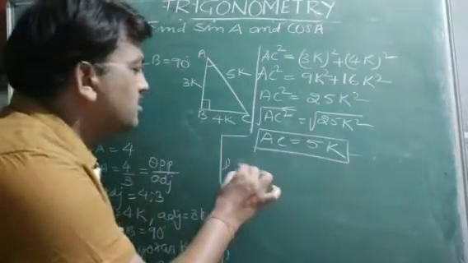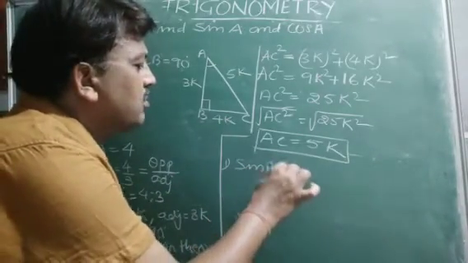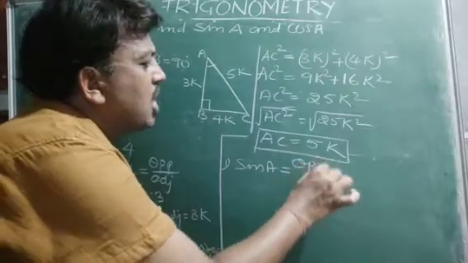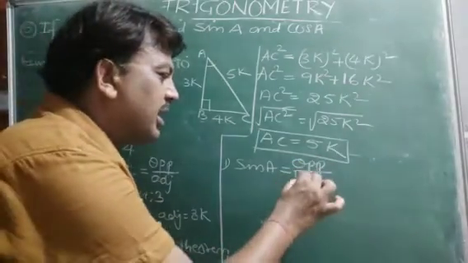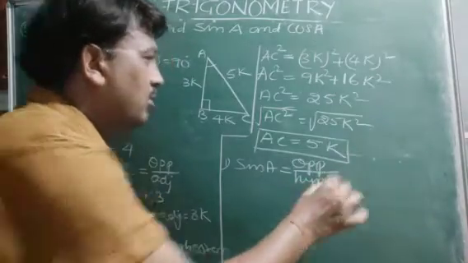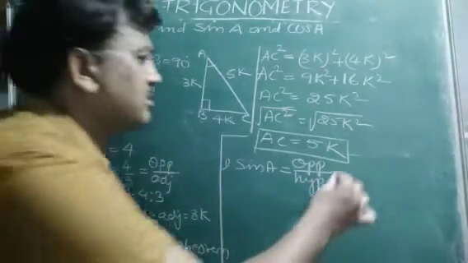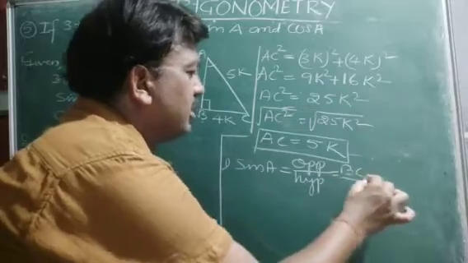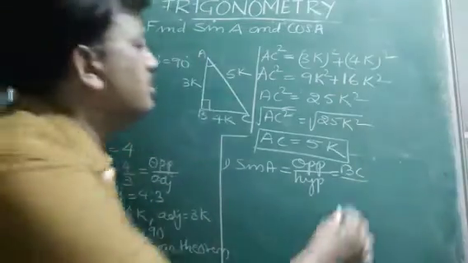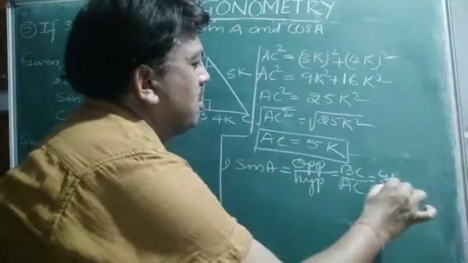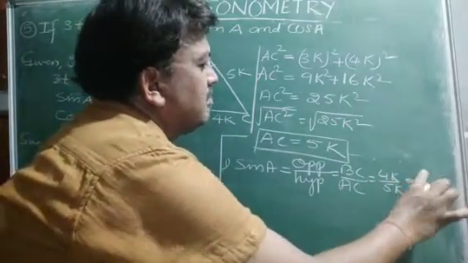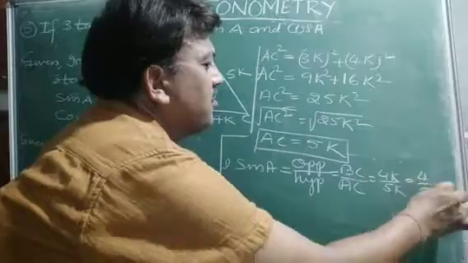Sin A. So sin A with respect to A, what is the formula? Opposite by hypotenuse. With respect to A, opposite is BC, hypotenuse is AC. BC is 4k upon 5k, nothing but 4 upon 5.